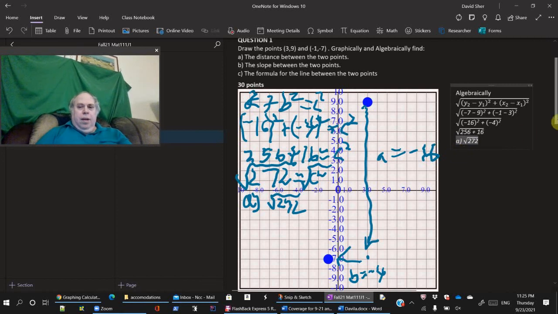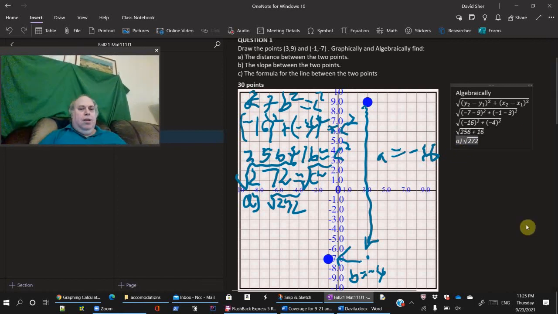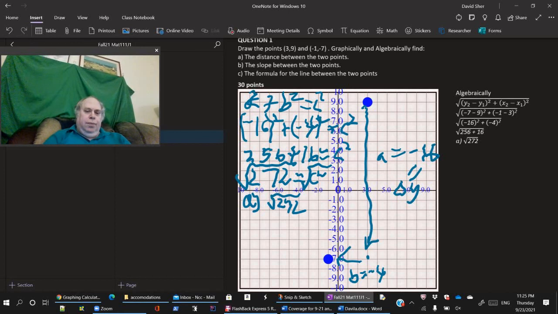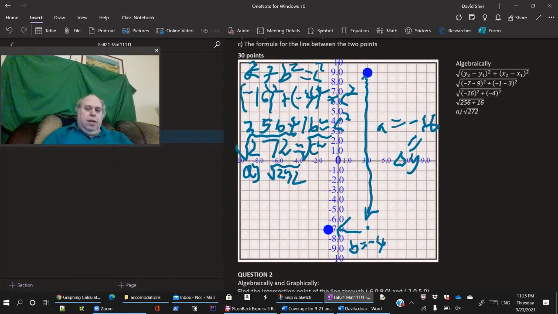Okay. So now I'm going to do the slope graphically. Well, this is not only A, negative 16 is also the change in Y, because that's how Y is changing. And negative 4 is not only B, it's also how X is changing.